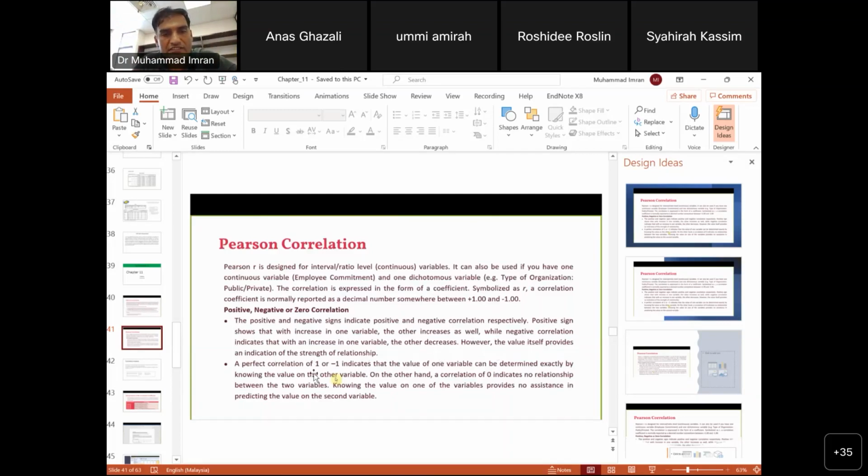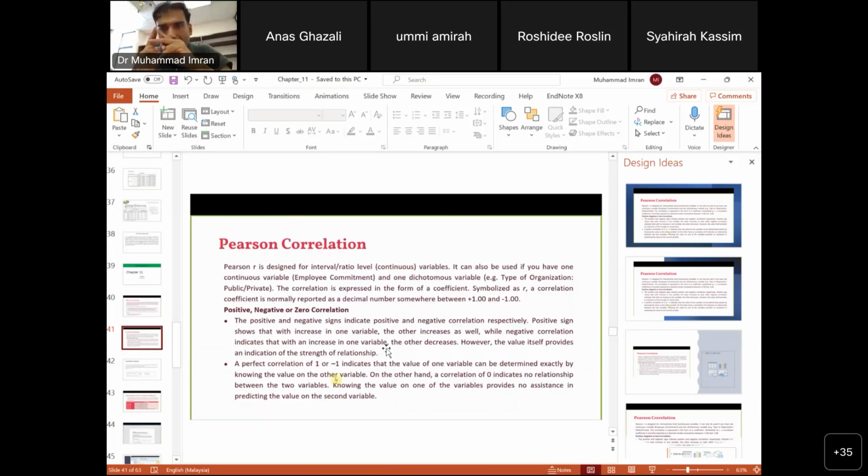A perfect correlation of 1 or minus 1 indicates that. Listen, don't get confused. I will tell you one scenario. If both have a positive correlation, it means one is increasing, the other is increasing.